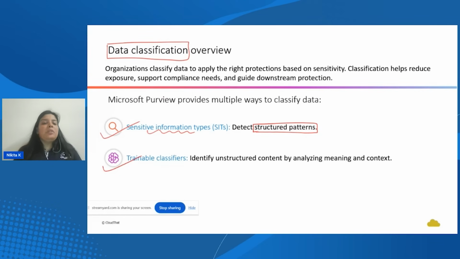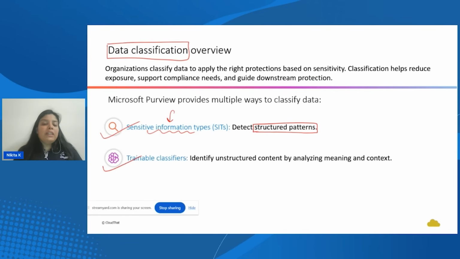Let's say I want to detect credit card, debit card details, Aadhaar card details, Form 16. I am having a certain format. Let's say I want to go with contracts. Then we can go with the SITs.